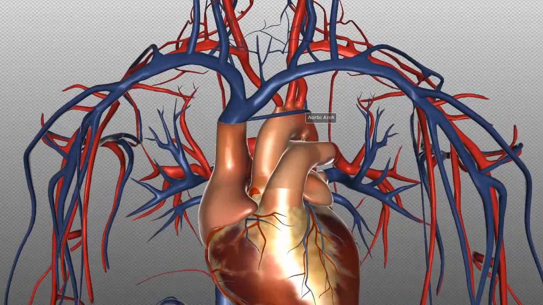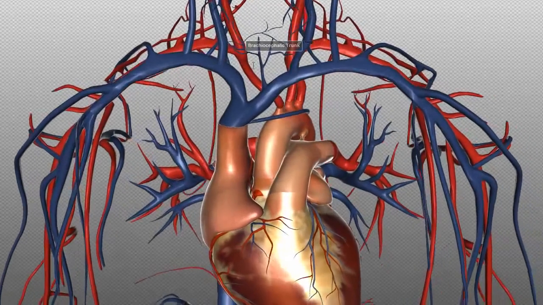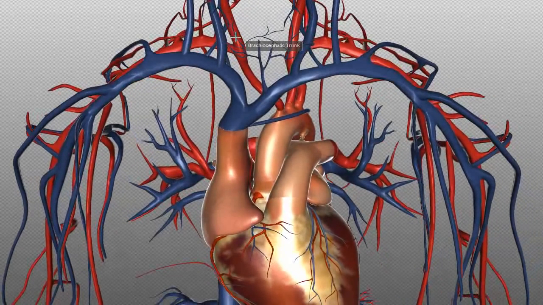So you've got this branch here which is called the brachiocephalic trunk, and this branch splits into 2. So you've got the right common, ignore that annotation, this is the right common carotid artery, and you've got the subclavian artery.